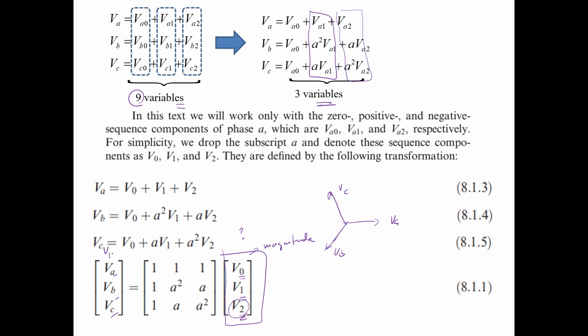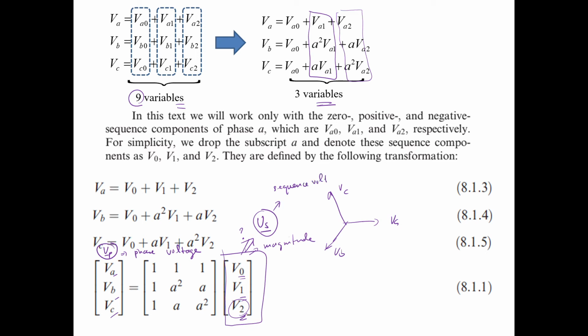This vector is called VP, standing for the phase voltage. And in this case we use the vector VS, which stands for the sequence voltage.